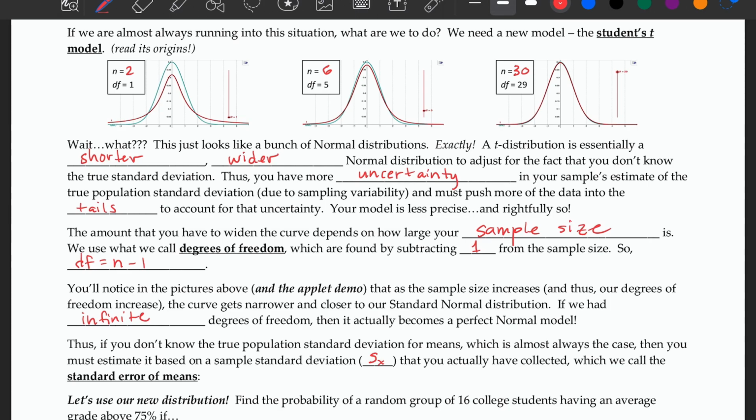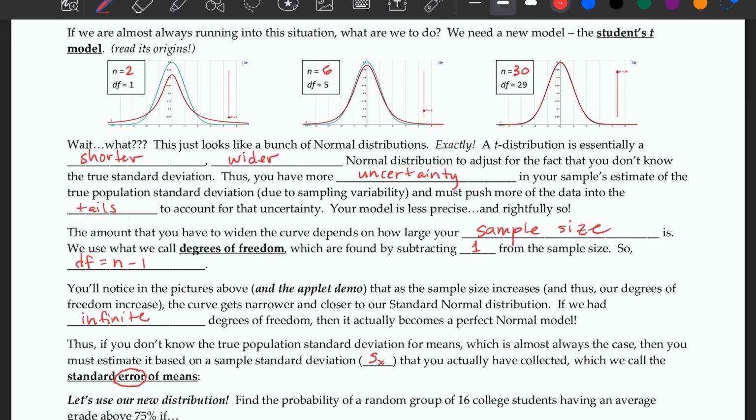Instead of calling it the standard deviation of means for our sampling distribution, we change it to the standard error. Error kind of implies that we think it's off. It's not for sure, we're just saying that it's off. I mean, it kind of means the same thing. A deviation and an error are kind of similar ideas here. I don't know who decided that there had to be a language change, but it has happened.